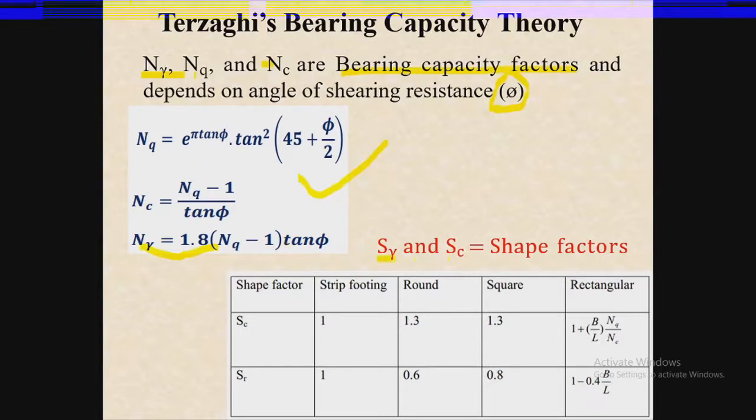Now S gamma and SC are the shape factors.